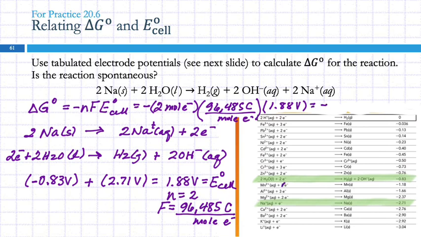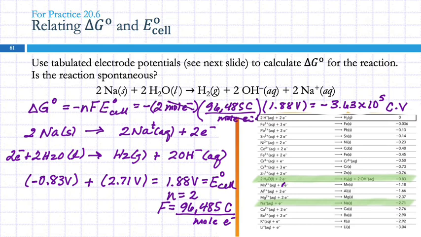So I'm getting negative 3.63 times 10 to the 5. And my moles of electrons canceled out. So my units left here are coulombs times volt.